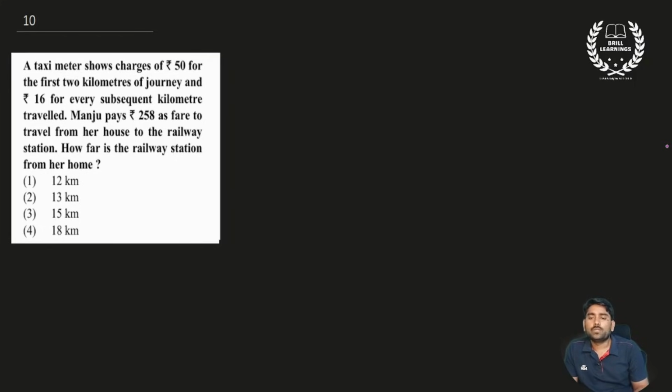If it is a uniform rate throughout, then you can directly take 258 divided by whatever the amount per kilometer is. But here in this question, they have given 50 rupees for the first 2 kilometers. That means for every kilometer, 25 rupees he is charging for the first 2 kilometers only, right?